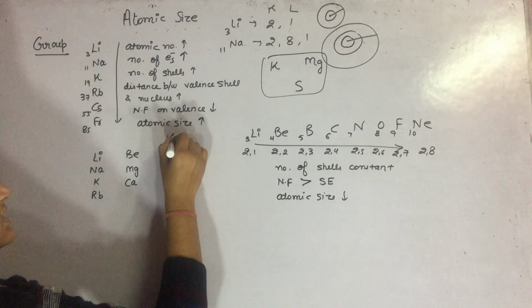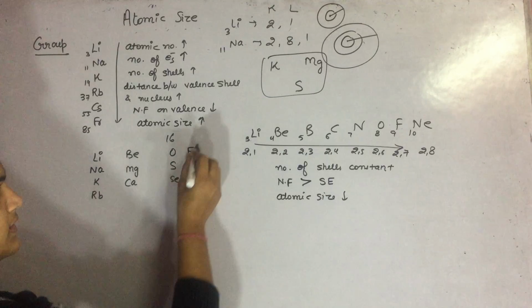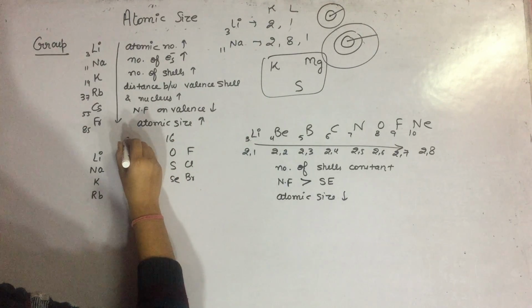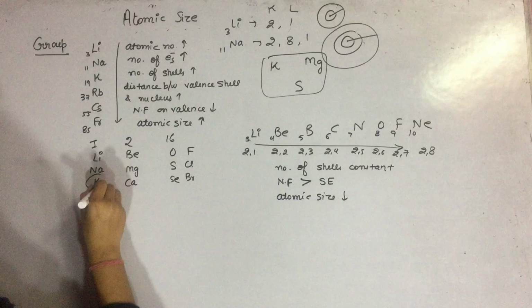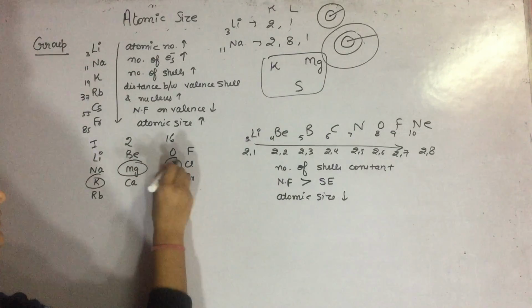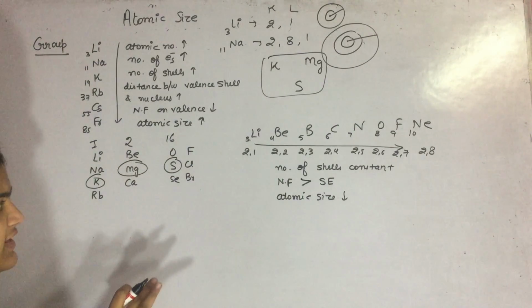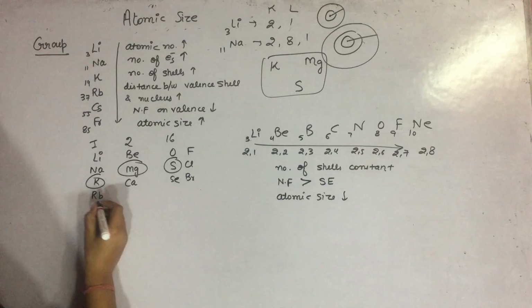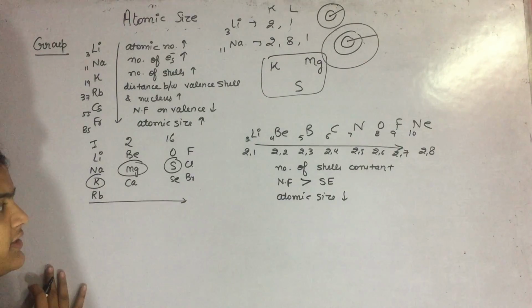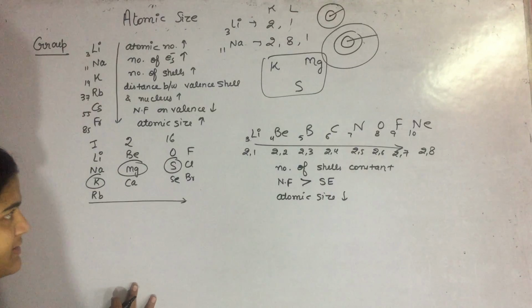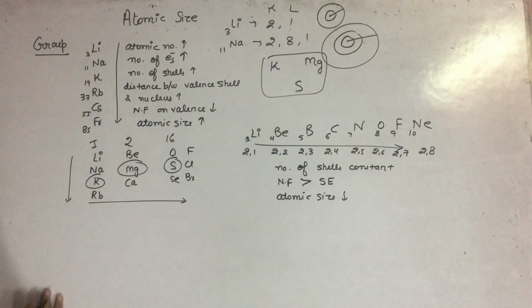You can see sulfur lies in the 16th group, magnesium is in the 2nd group, potassium is in the 1st group. We know that on moving left to right, atomic size decreases, and moving top to bottom, atomic size increases.